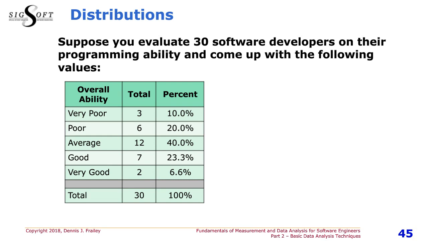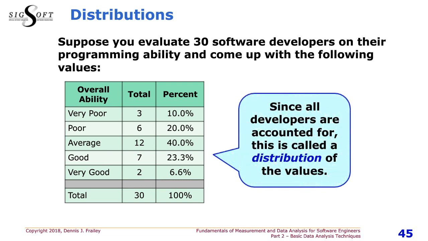Now, this is called a distribution. You have accounted for everyone, and you have numbers associated with each of the different options. So consequently, this is called a distribution. It simply explains how many there are in each category, and they are in order. Notice you have to have an ordinal scale.